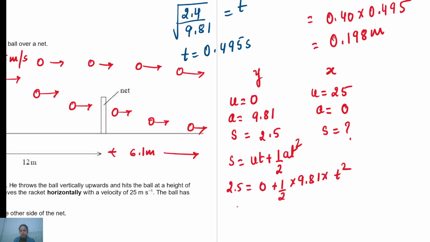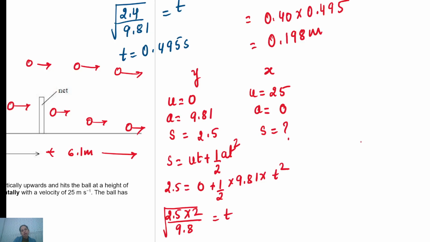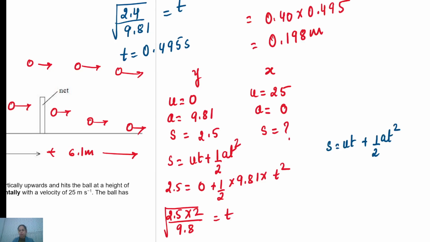Again, as I've told you, do not do the calculations to the last step, just leave it like this, and then apply the same equation in the x direction, ut plus half at squared. We don't know S, u is 25, time is this square root of 2.5 times 2 divided by 9.81, plus 0. There is no acceleration, so the second term becomes 0.